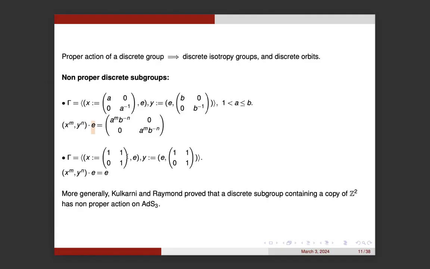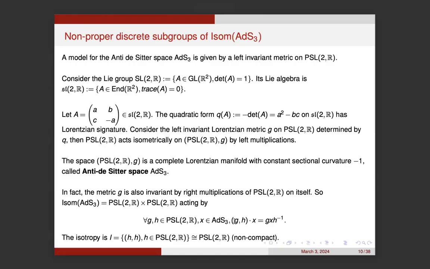In the second example, I have this element. So I have a unipotent matrix here in the first component and identity here, and I switch the components. When I apply this to the identity, remember, how do I apply the elements? It acts on x by g x h^-1.